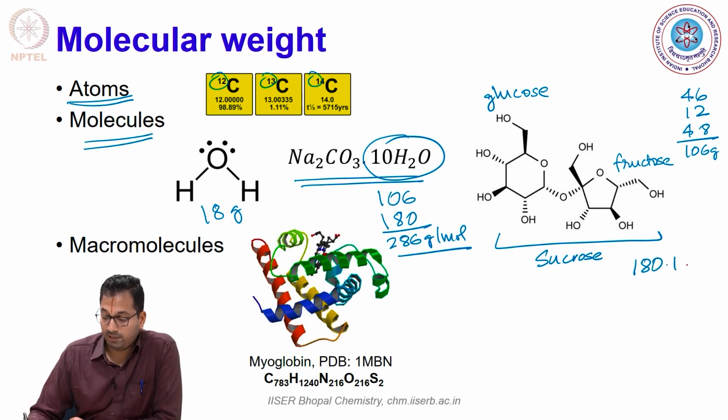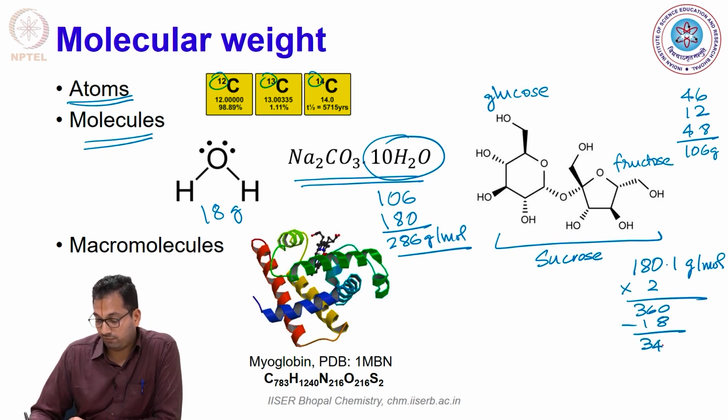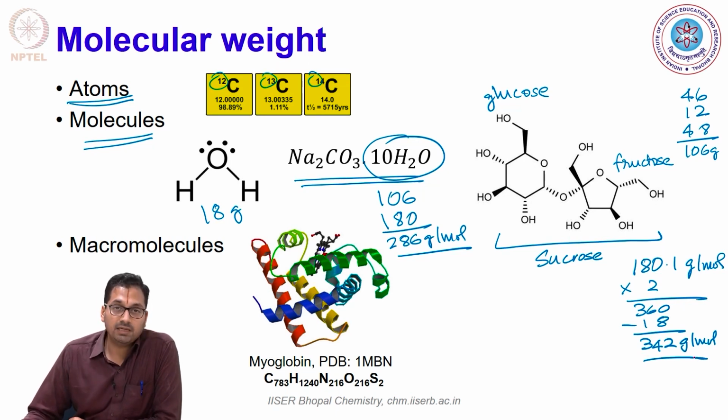They are about 180 grams per mole, and sucrose is formed by the condensation of glucose and fructose with elimination of one water molecule. So basically that's going to be 360 minus 18, which results in 342 grams per mole. So what one is able to understand here is that molecular weights can be determined from the constituent atoms or molecules that help form them.